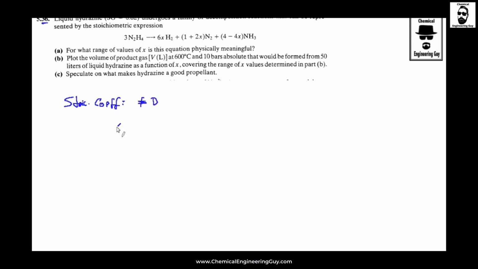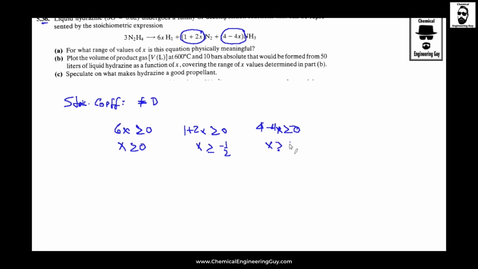So 6x must be bigger than 0, 1 plus 2x must also be bigger than 0, and 4 minus 4x must be bigger than 0. This is just math. So x must be greater than minus 1/2, and x must be less than 1.